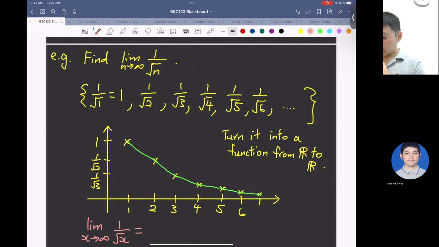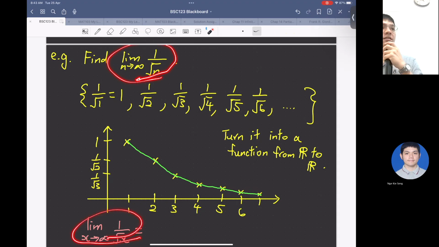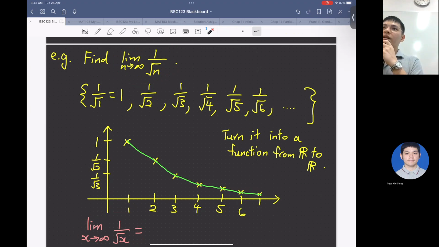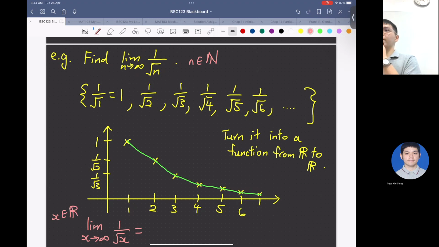Note that there's some subtlety here. Here we use n, here we use x. We want to differentiate the domain we take. When we put n, usually this n lives in the natural numbers. When we take x, x usually lives in the real numbers. So we should know that this is 0. This is from calculus 1.